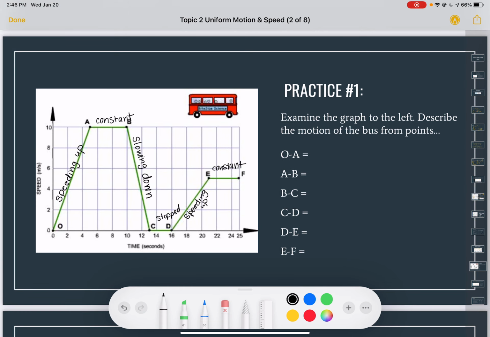But once you get the hang of it, I don't think it's too difficult. It's just sometimes confusing to people to remember the difference between a speed versus time graph and a distance versus time, because a flat line on a distance time graph means you're stopped, and a flat line here means you're going constant. So you just got to remember the difference of those two, and once you do, you got it.